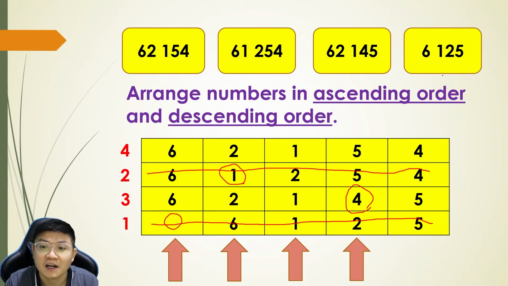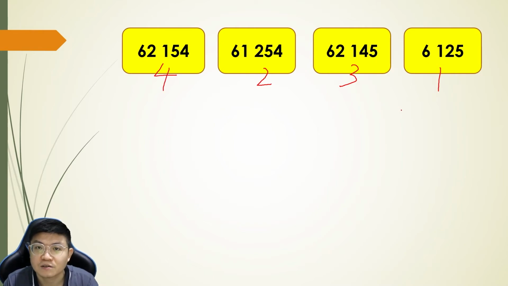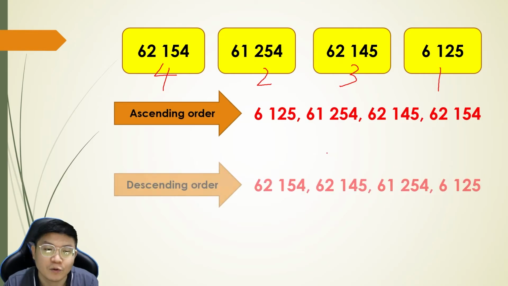From the label, I know that this is the first, or I can say the smallest, and this one is second, this one is third, and this one is fourth, right? So 1, 2, 3, and 4. Now I can start to arrange them in ascending order and also descending.